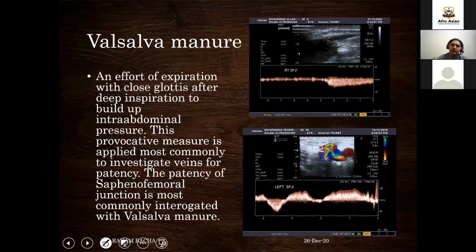This maneuver is the Valsalva maneuver. This provocative maneuver is applied most commonly to investigate veins for patency. It is most commonly used for the evaluation of the saphenofemoral junction.